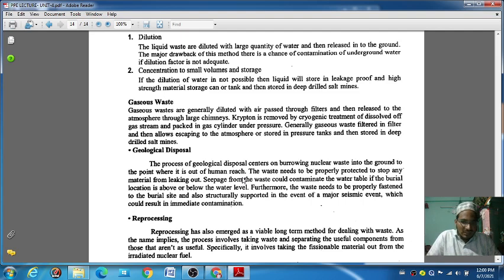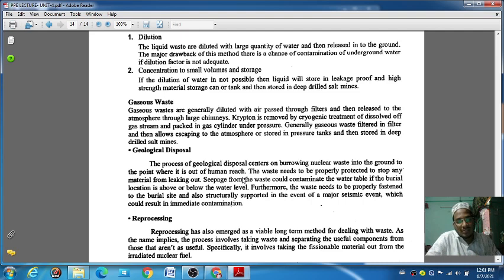In the gas cylinder we can keep and store it, or we can release it into the atmosphere, or use pressure tanks and then store it in deep drilled salt mines also. As per our soil level, or as per the condition of the gas, we have to store it or release it into the atmosphere.